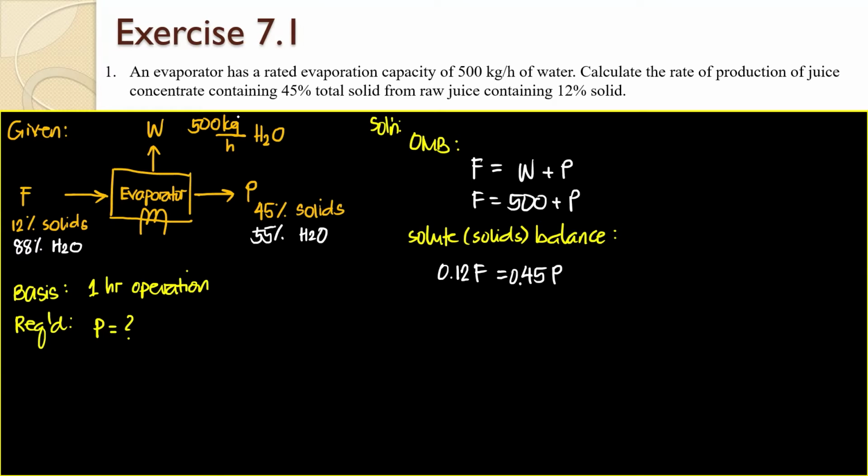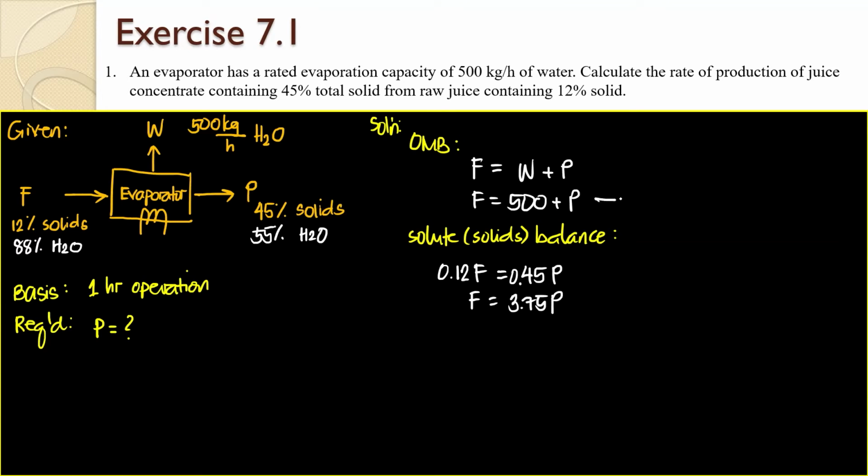There are no solids in the water, right? Okay. So solids balance, two equations only. Am I correct? So guys, can you solve this? F is equal to what, 0.45 divided by 0.12? Can you solve? 3.75. Thank you. So 3.75.